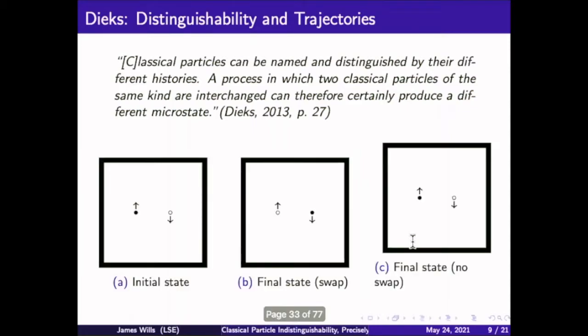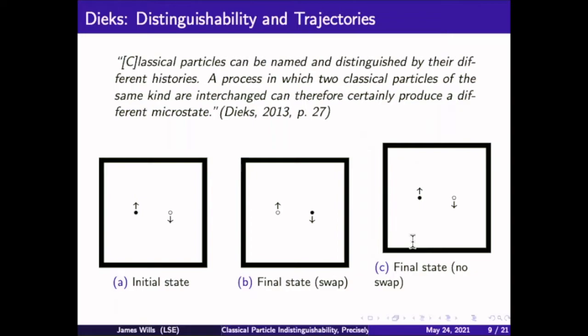Here's a pictorial representation of what is meant here. Let's consider an initial state. We've got two particles in a box. There's the initial state where the black particle is going up and the white particle is going down. The argument goes, well, we could have it so that either they end up in the same position and momentum configuration, but now the white particle has taken the position of the black particle.